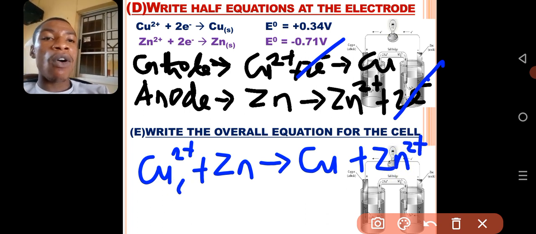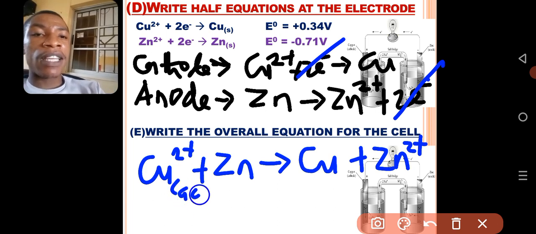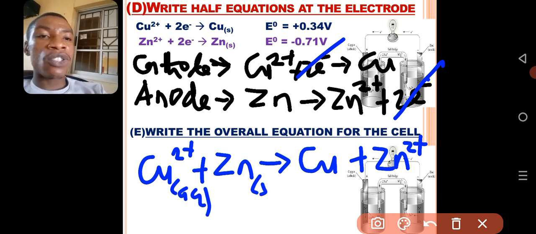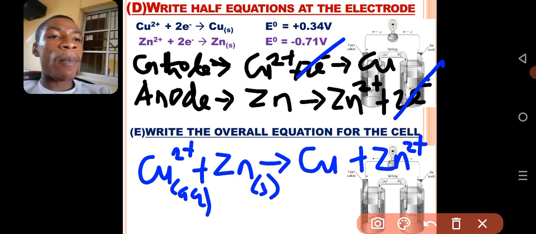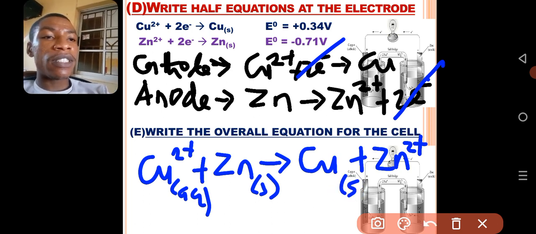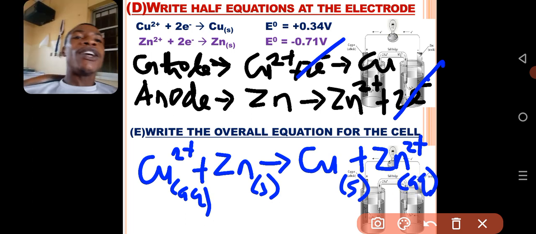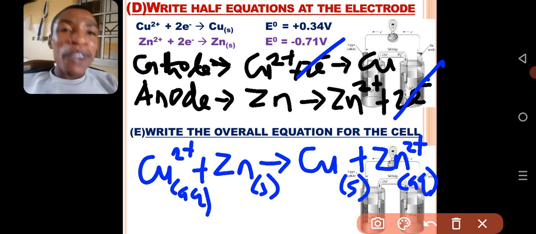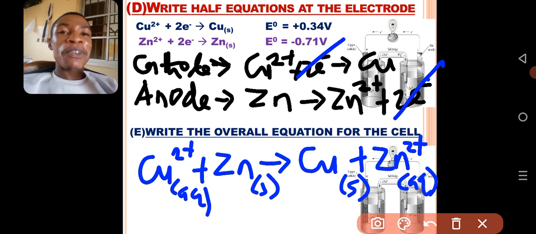That's our overall equation. The copper here is aqueous, the zinc here is solid, the copper here is solid, the zinc here is aqueous. So that is how we get our overall equation. Very simple, isn't it? So that's how we do it.